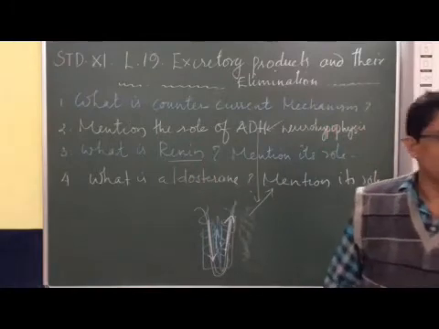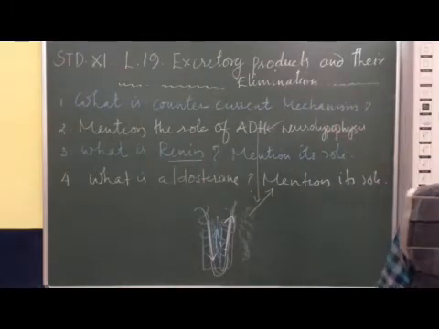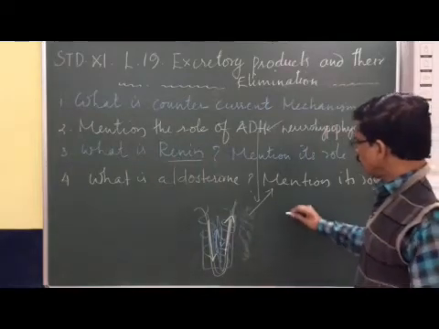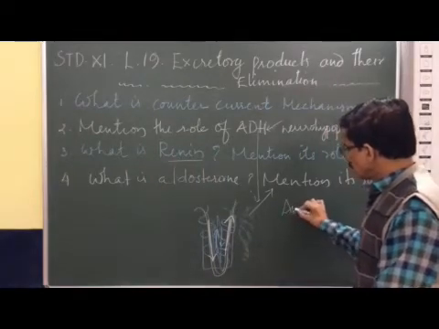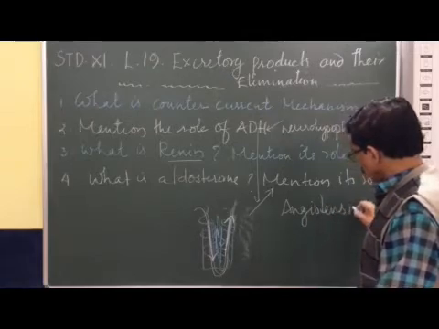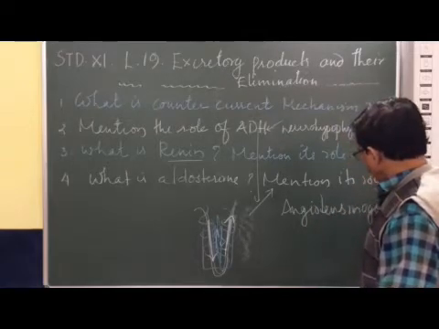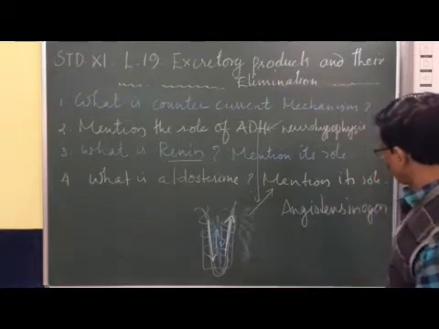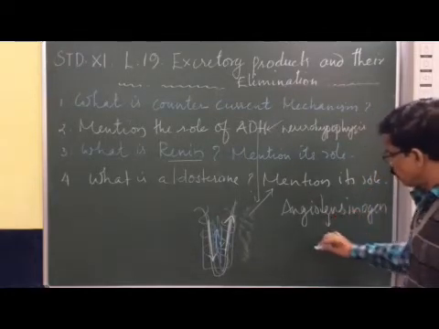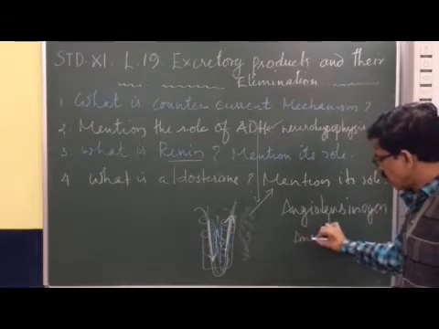This renin converts angiotensinogen in the blood. Angiotensinogen is a protein in the blood, in inactive form, which is converted to angiotensin 1.